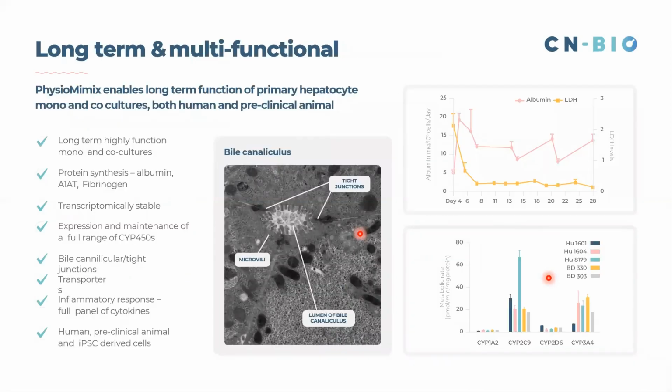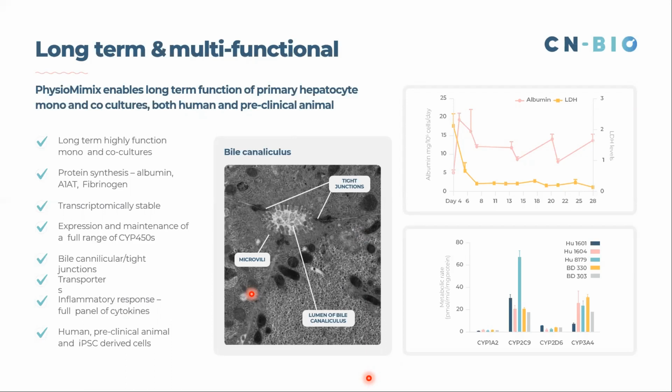When the cells are in this platform and through the constant perfusion of the media, what we create is a really long-term and highly functional liver culture. And traditionally, when you compare to more simplistic 2D cultures of equivalent cells, the cells of this platform are much more highly functional and outperform. So what we can see is we can look at a wide variety of biomarkers that are produced from the liver.